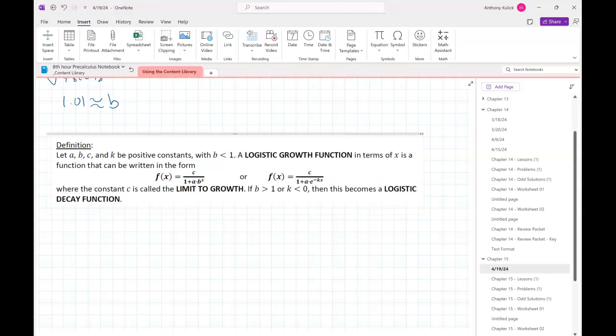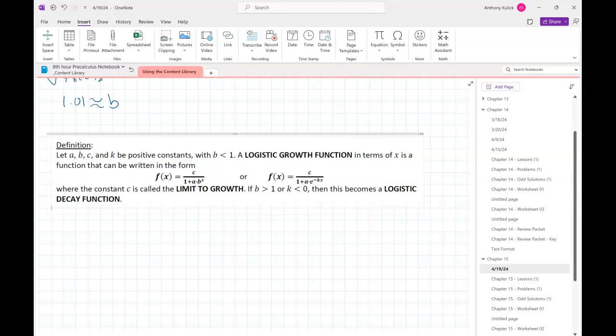You're going to run out of food or resources or space or habitat or whatever, and that's as much as you can get. Or if you're working out in the gym, you start off, you make lots of progress, and then it tails off and you stop making a lot of progress. As you get real good at something, it takes more and more effort to get a little bit better at it.